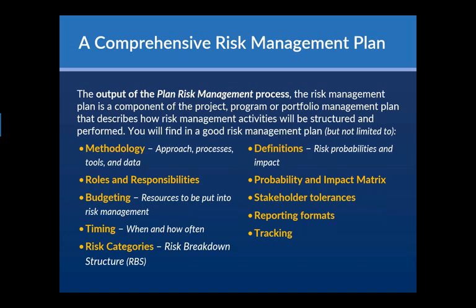Definitions, this is not like definitions like I showed you before. It's literally, how do we define probabilities and impact for this particular project? So we're going to talk in a second about using matrices and colors and labels and all that kind of stuff and numbers. So how do we define that? What's the impact scale?